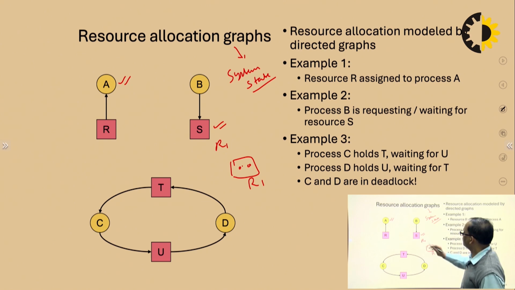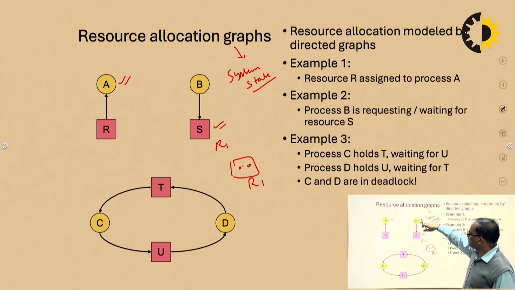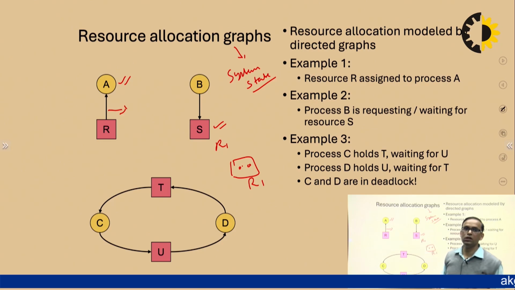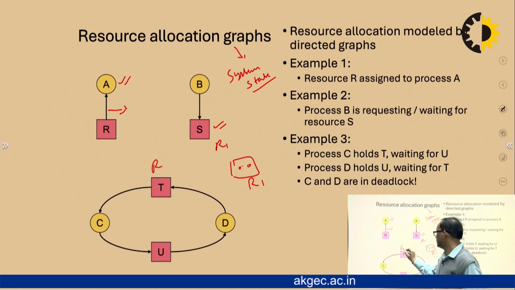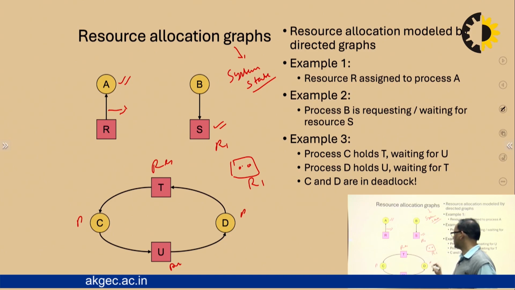If we talk about this particular graph, then it is representing that process A is using resource R. This edge is known as the assignment edge. In a resource allocation graph, there are 2 types of edge. Suppose this is a resource allocation graph. These T and U are the resources, and C and D are the processes.